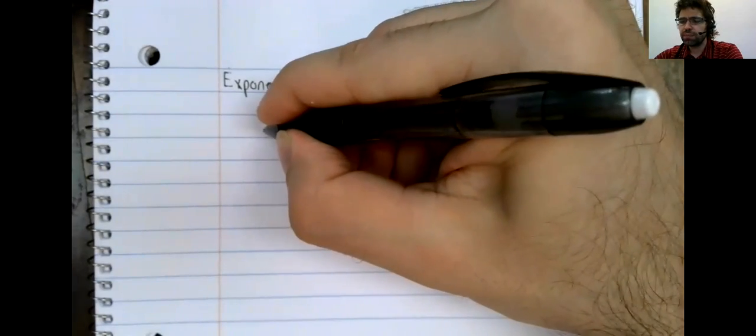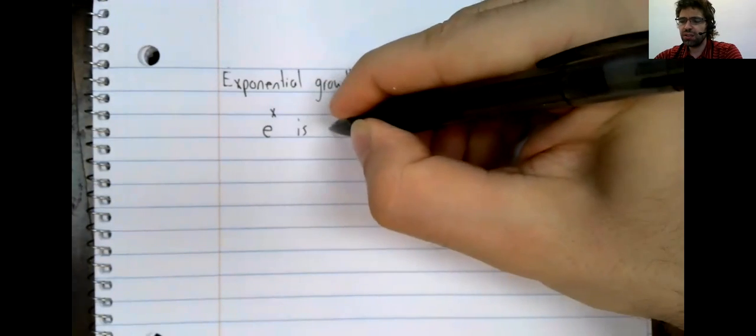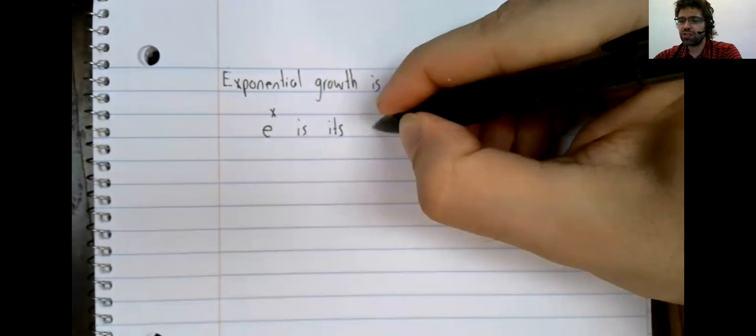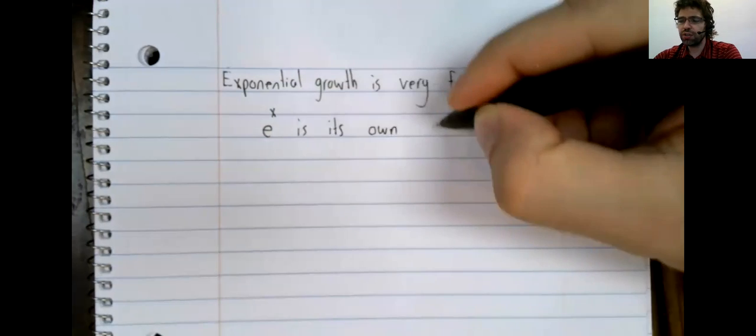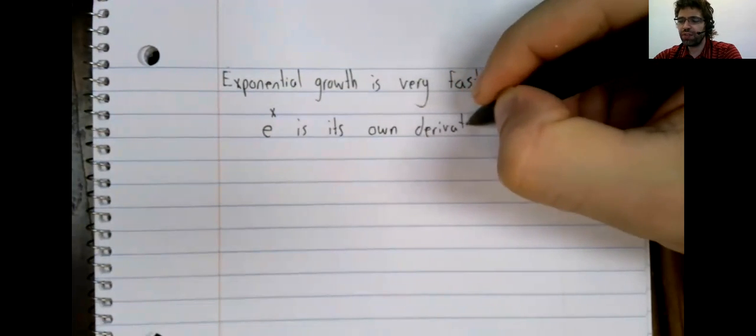And this is because e to the x is its own derivative.